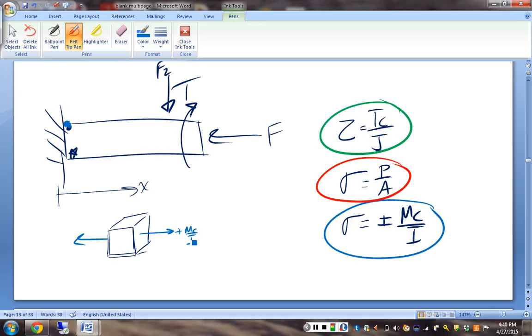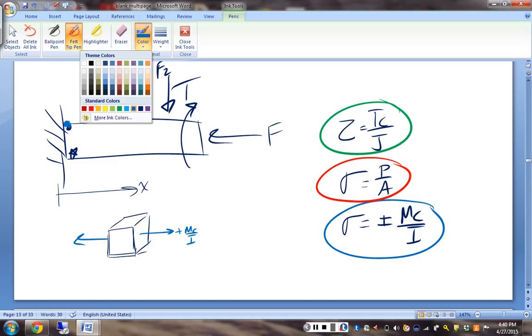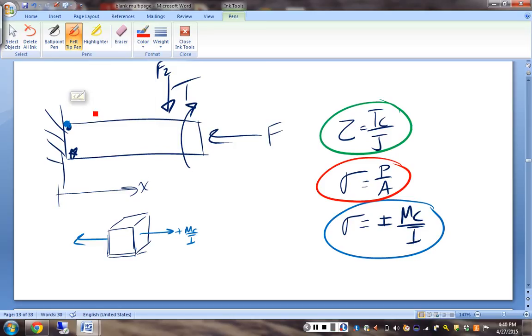All right, what am I going to have? How do I need to draw my red, Stephanie? Well, that's this guy. So is that tension or compression? It's compression, and it's in the same direction.